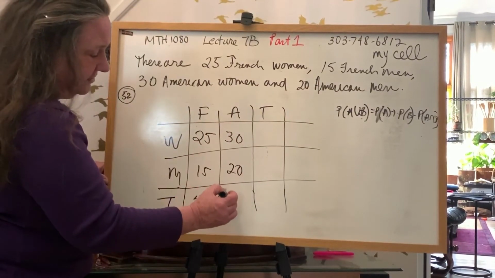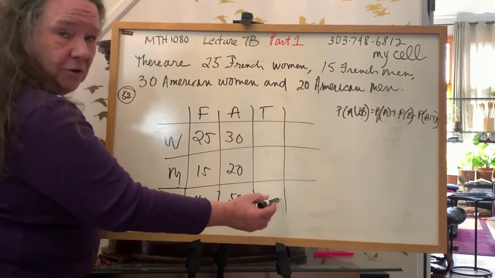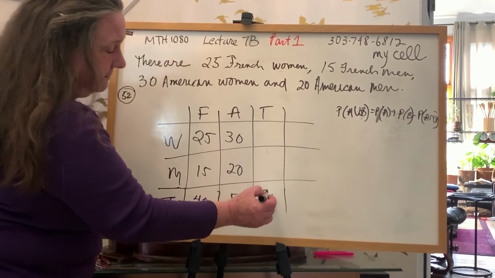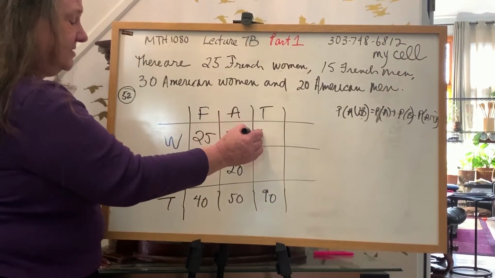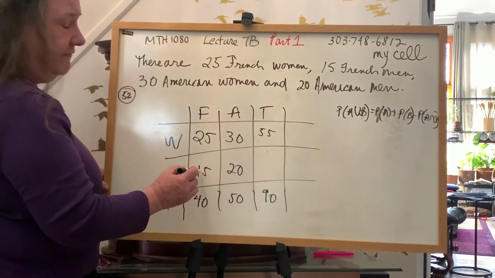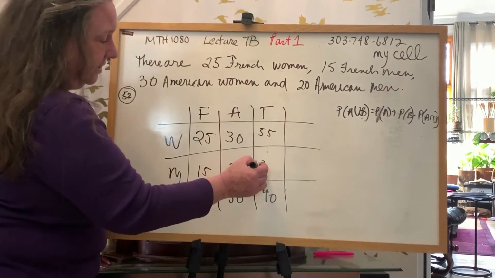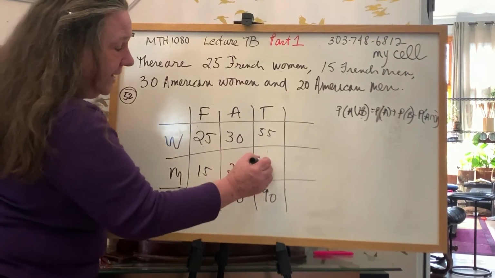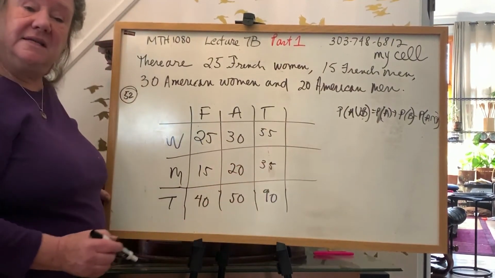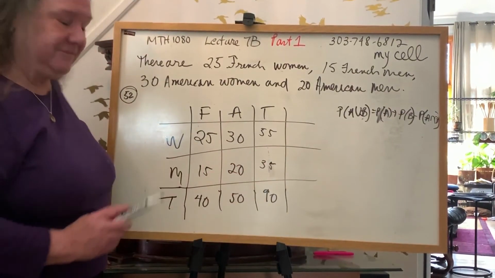That total is 50. The total is 90. 25 plus 30, I'm totaling again, is 55. 15 plus 20 is 35. And these two numbers better add up to 90, or I did something wrong, but they do. Okay, wonderful.